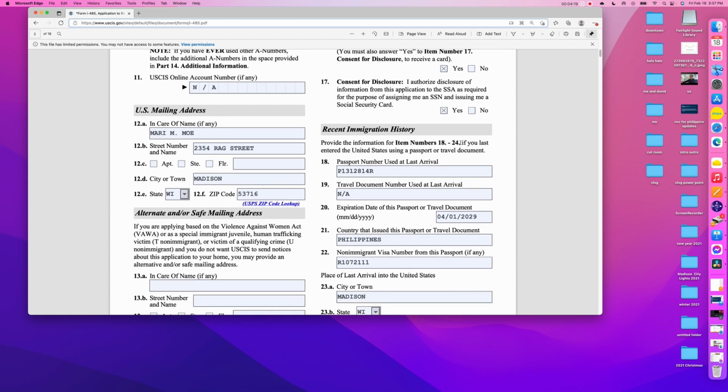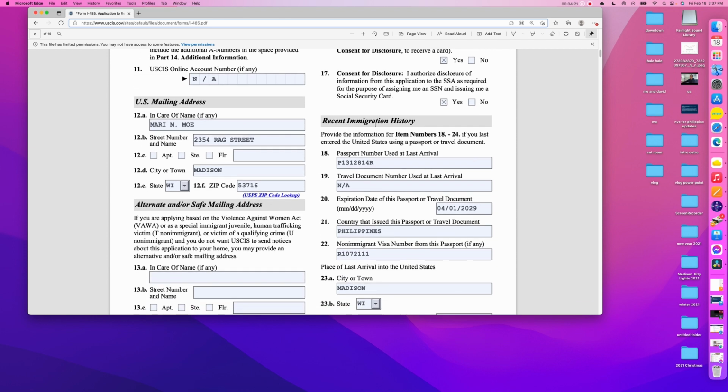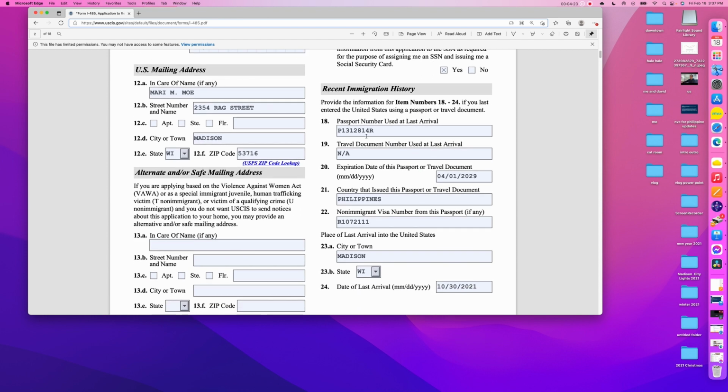Okay. Next, recent immigration history. So you just put your passport number here, or whatever documents you use, but I believe everyone uses passport, so use passport. And then I don't have a travel document, but if you have a travel document used for last arrival, you have to provide the number.